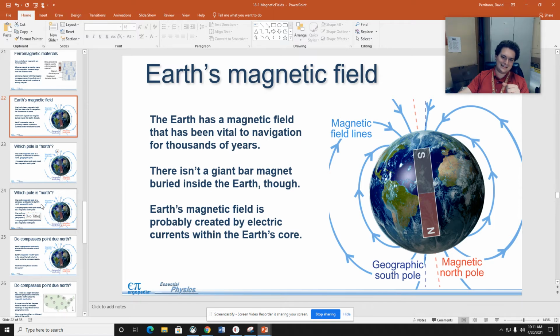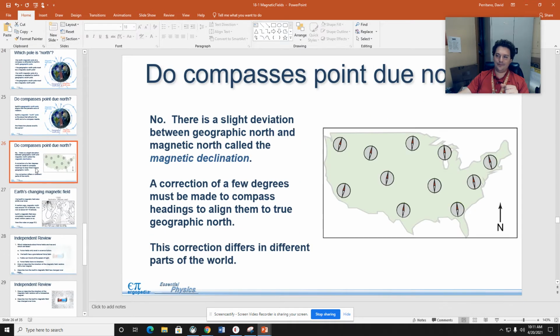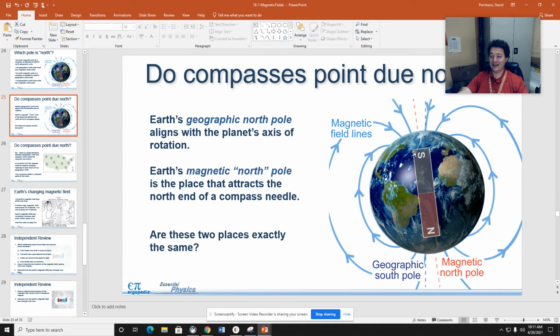Now, let's think about a compass real quick. A compass has a magnet in it. It's got a north, it's got a south. Okay. The north pole of the compass is attracted to which pole of the big Earth magnet? Well, the south. The magnetic south pole is actually up here near Santa Claus in the North Pole.